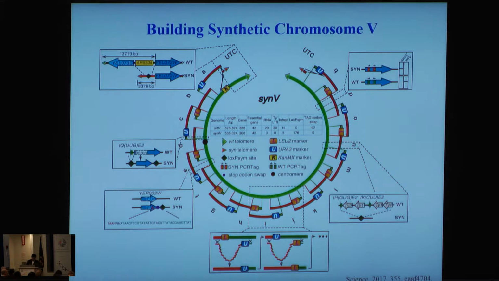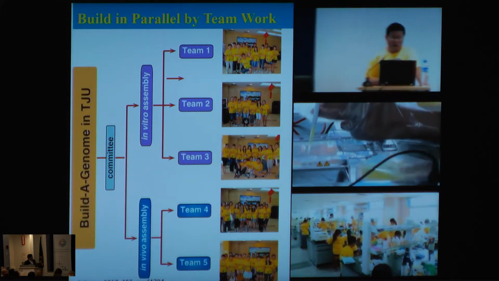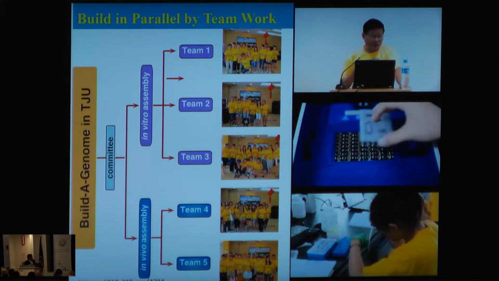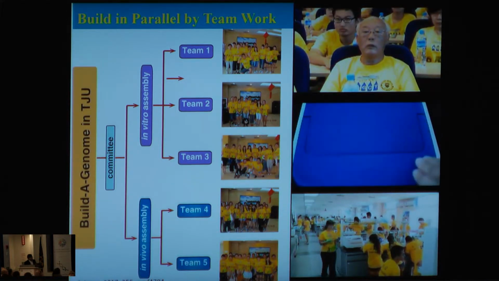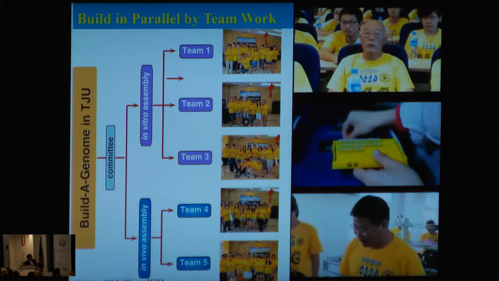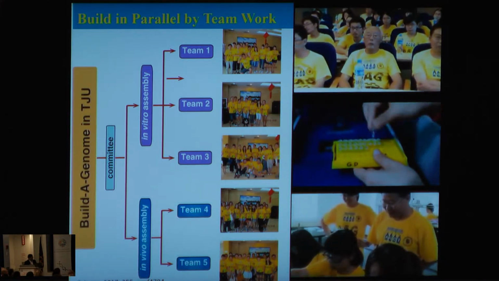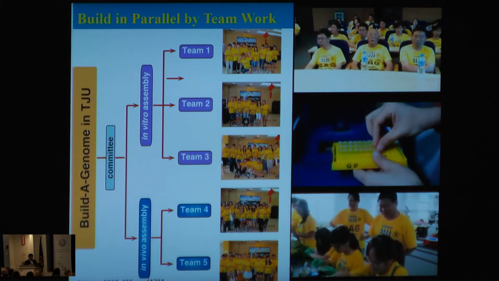We introduced another course called BAG, originally from Johns Hopkins, from Joef's lab. So we introduced this Build a Genome course at TJU. Each year about 120 students take this course, and some of them take the experiment.